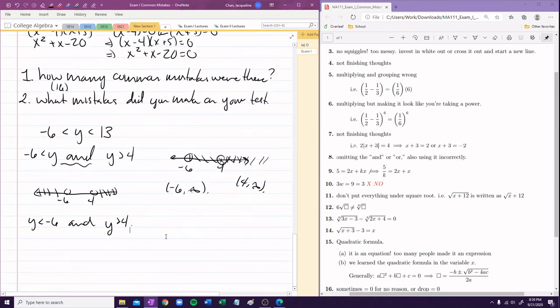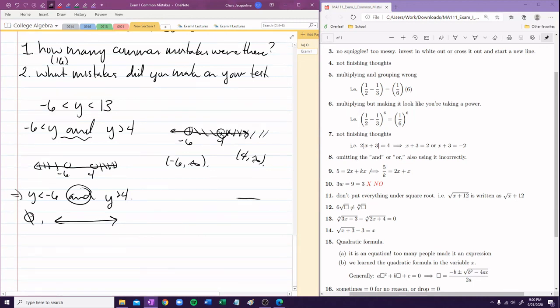That is also wrong. Why? Because it's "and". It is what is in common for both inequalities. As you look here, it's not common for both. So the correct answer, if you had done this, would have been the empty set, and then it would have been an empty number line.